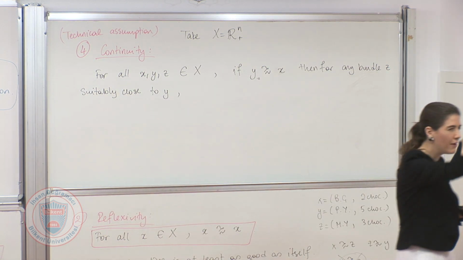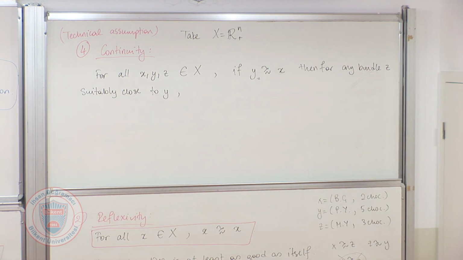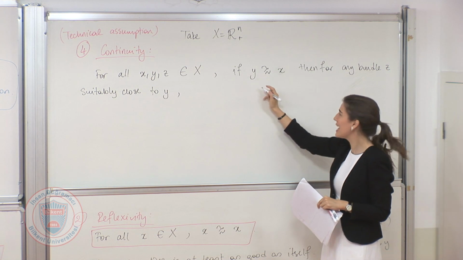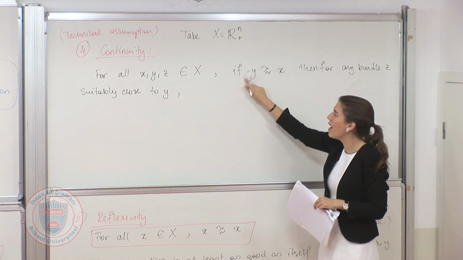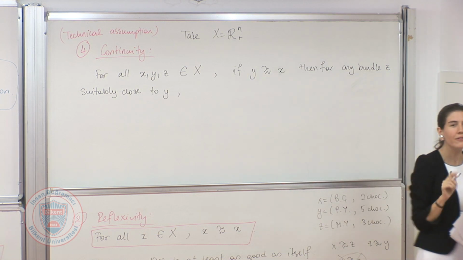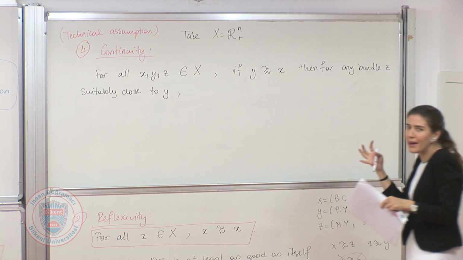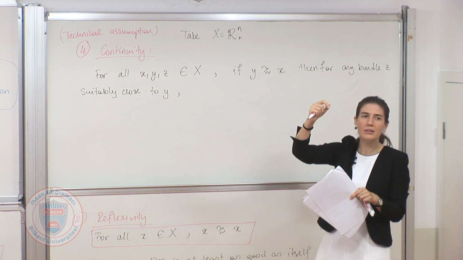If we don't allow for jumps, ups and downs, then what should be the case? Suppose y is at least as good as x and z is very close to y. Then what would you expect? z is at least as good as x, right? So this is what we mean by continuity. You don't suddenly reverse.